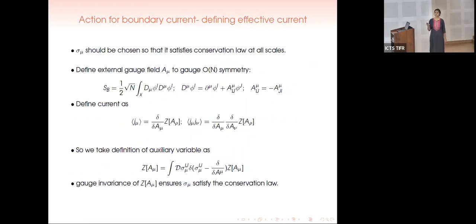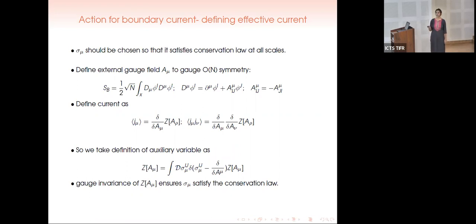So for that, we have to choose sigma mu in such a way that it satisfies the conservation law at all scales. For that purpose, we define an external gauge field A mu to gauge the ON symmetry, where this d mu is defined in the usual way, and this is anti-symmetric. And then we define the current this way.